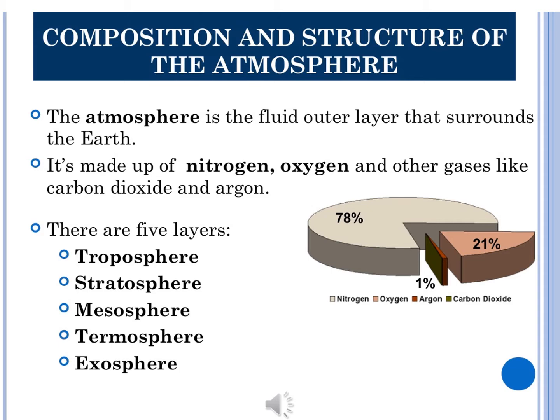Our atmosphere has 5 different layers, just as you can see down here: troposphere, stratosphere, mesosphere, thermosphere, exosphere. Those are the 5 layers that make up the whole atmosphere. Big as it is, it is subdivided into only 5.